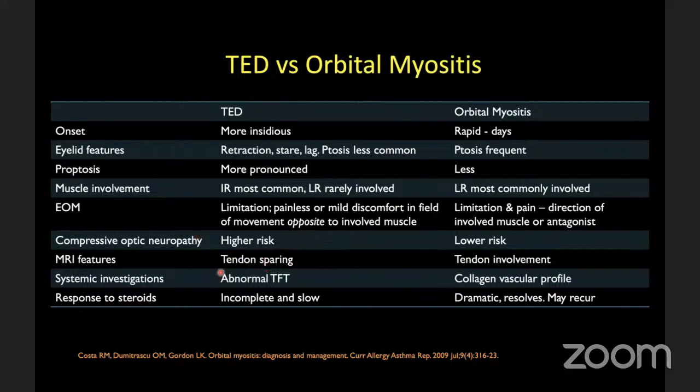And in cases of orbital myositis, there would be more of the tendon involvement. However, having said that, a tendon sparing does not rule out myositis, and a tendon involvement does not rule out thyroid eye disease. This is broadly how clinically they would appear, but of course, there can be overlapping features.